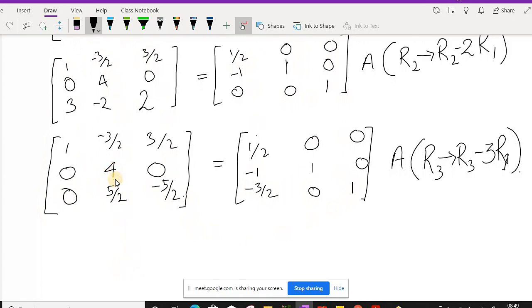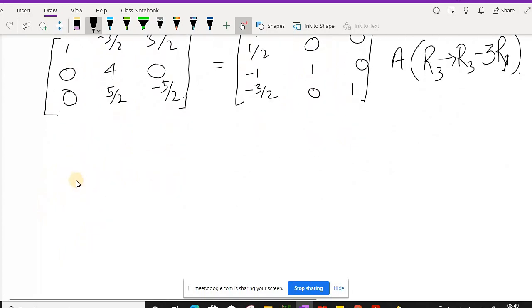Next, observe this: 4. You don't have a 1 here. If we had a 1 we could exchange it, but because there is no 1, we have to make this one 1. How are you going to make this 1? We have to work on R2, so we have to keep R1 and R3 as it is.